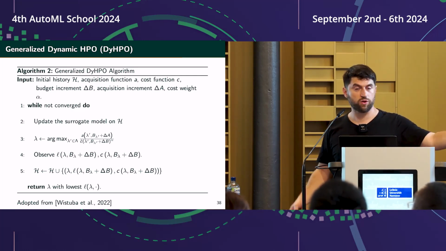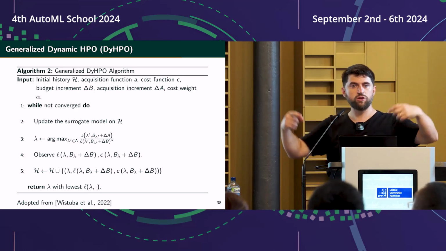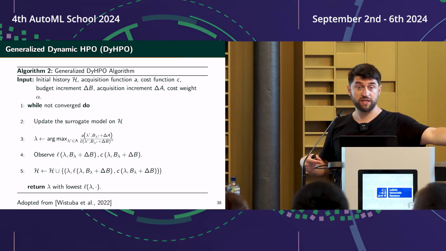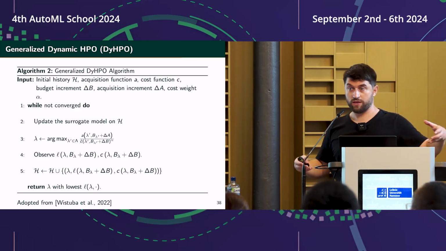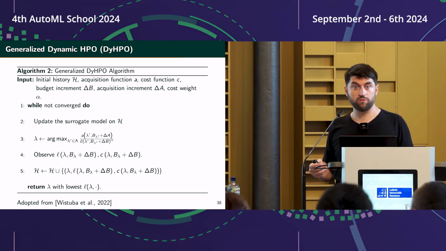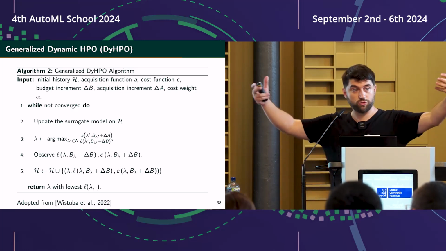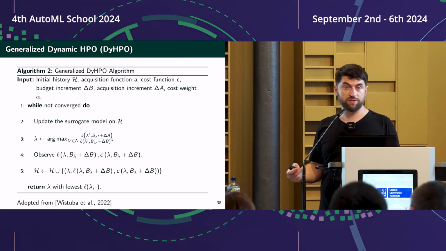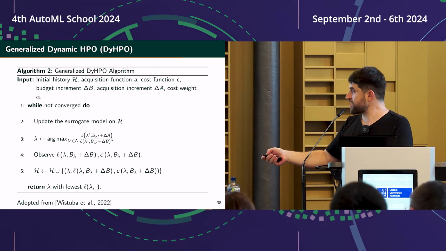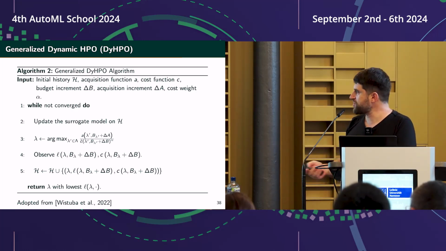If two models are equally promising, you might want to favor the model that is less costly. For example, if you have a 100 billion parameter model and a model with just 1 million parameters, and they show the same expected improvement, you might want to favor the smaller model. So the cost aspect there is a typical element in Bayesian optimization.